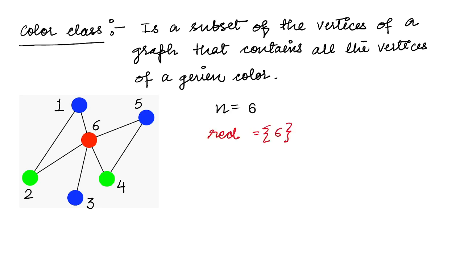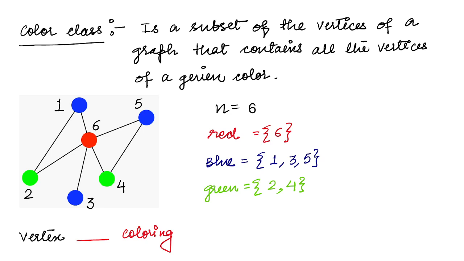Here the red is only painted on vertex 6, so this particular subset is one color class, that is red. Then comes blue and likewise green, which is painted only on vertices 2 and 4. And how many colors have we used? 3. So this is vertex 3 coloring.